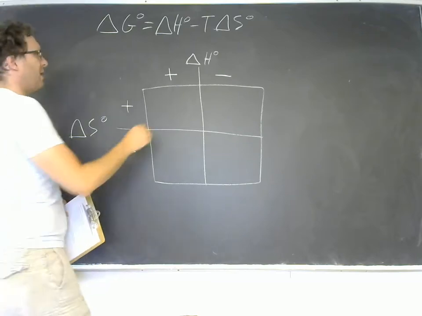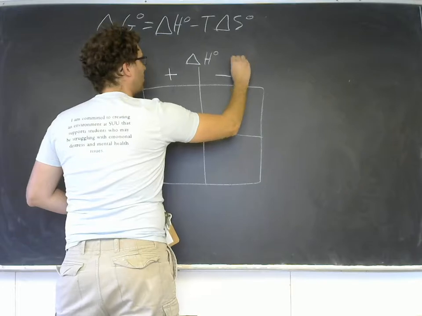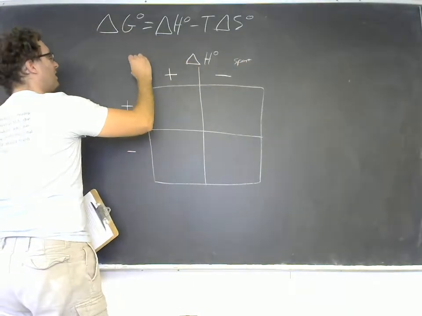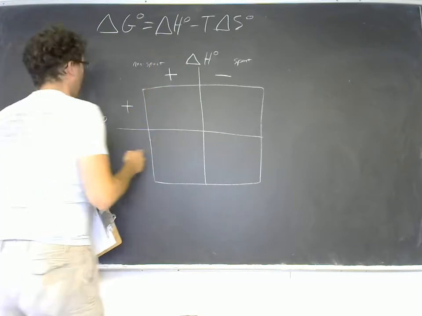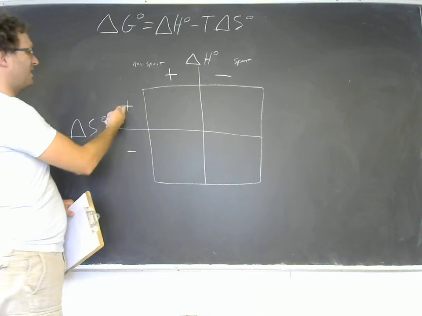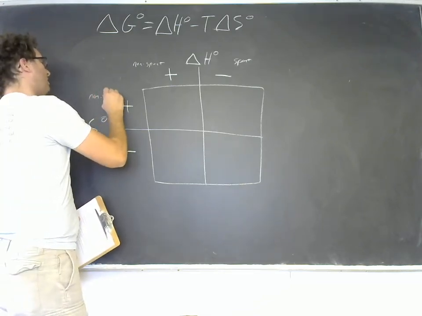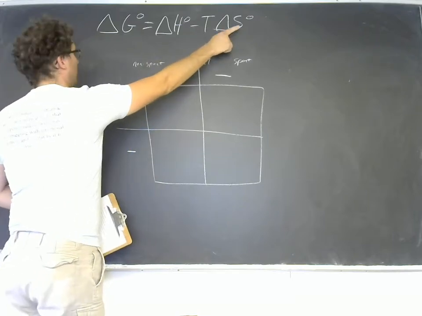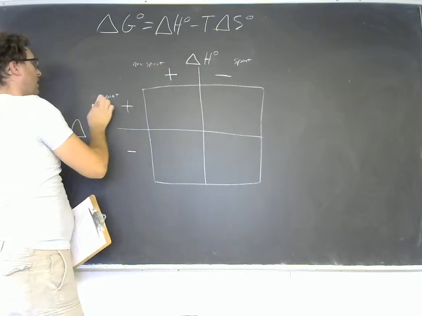If we think about it, a negative delta H, that tends toward spontaneity, and a positive delta H, that tends toward non-spontaneity. And a positive delta S, that tends toward non-spontaneity. A positive delta S, goodness, I'm glad I pointed that out.